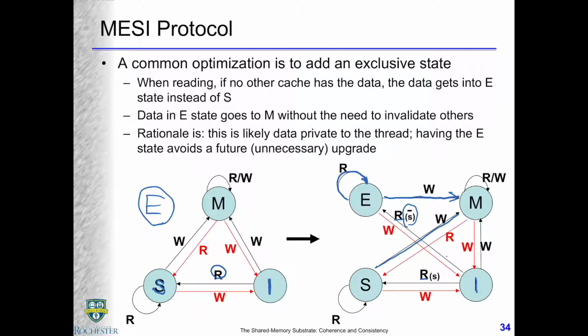When you're in E state, you don't have to, because you know you're the only one having the data, okay? And finally, if there's an external read transaction, you have to downgrade yourself from exclusive state to S, because now it's clear you're no longer exclusive. So that will complete the state transition diagram.